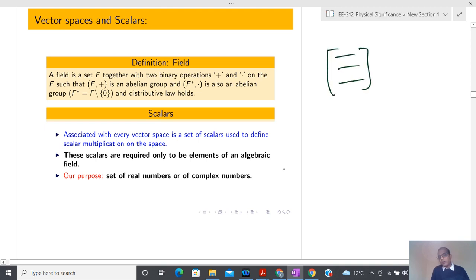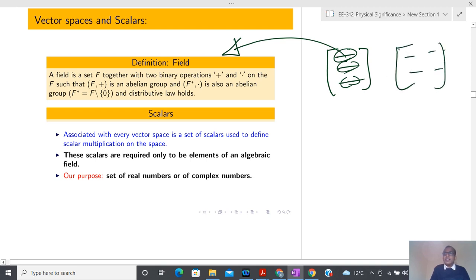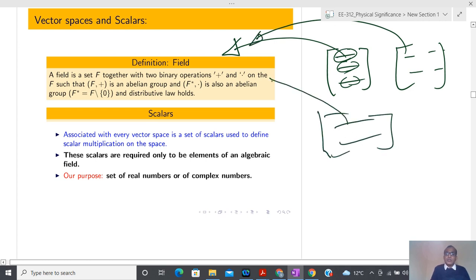Whenever I talk about a vector space, I am assuming that each scalar satisfies the properties of a field, whether in the form of matrices or in the form of functions. I have already told you about the algebraic field, and most of the time we are just dealing with real or complex numbers. Complex numbers for analysis, real numbers for measurement.